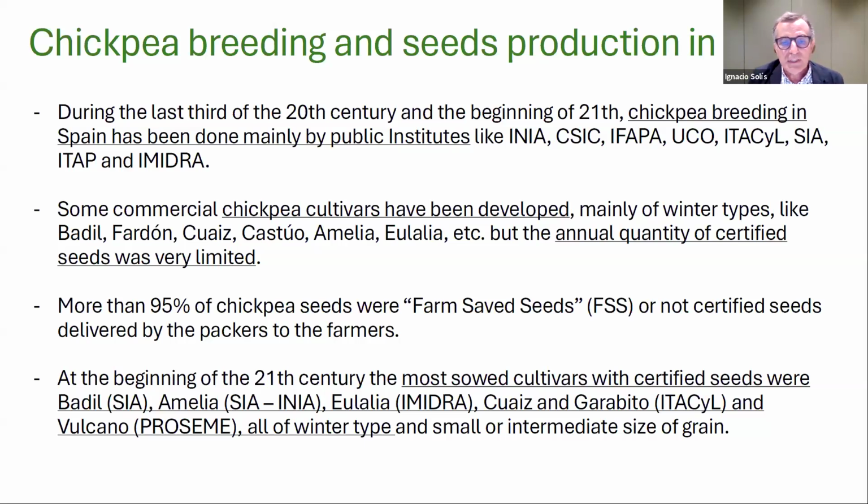At the beginning of the 21st century, the most sought cultivars were Badil, Amelia, Eulalia, mainly bred by public institutions, but developed by commercial seed companies.